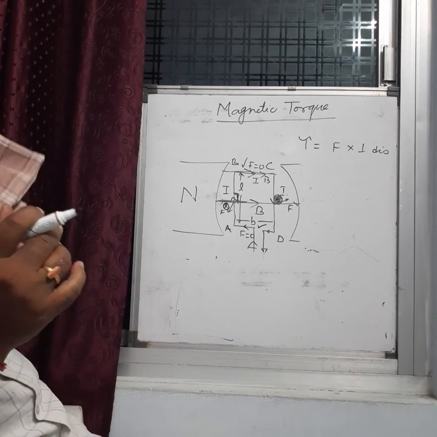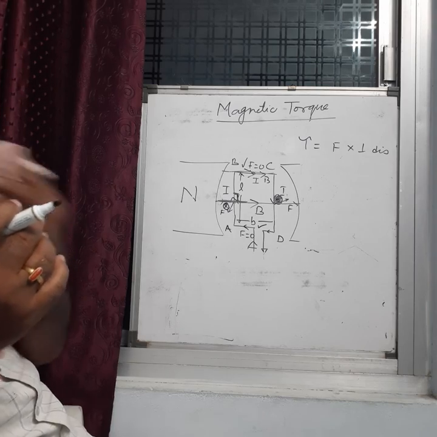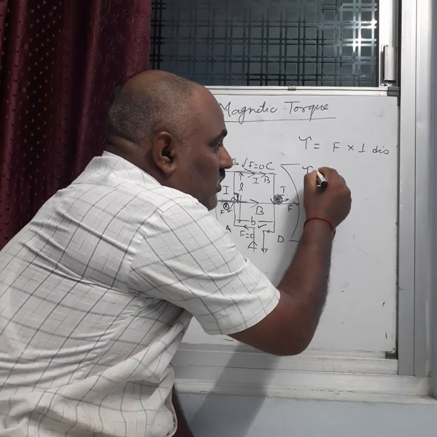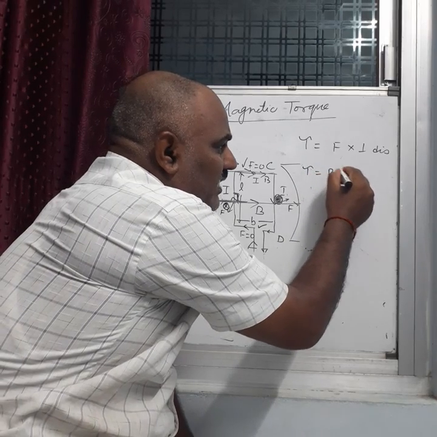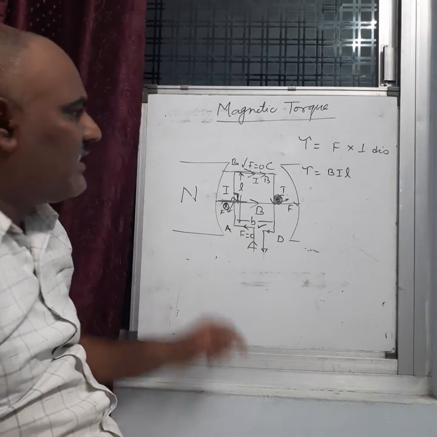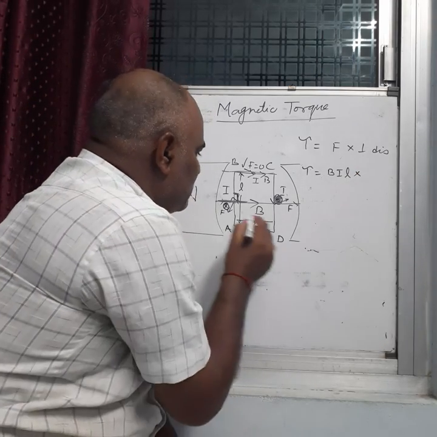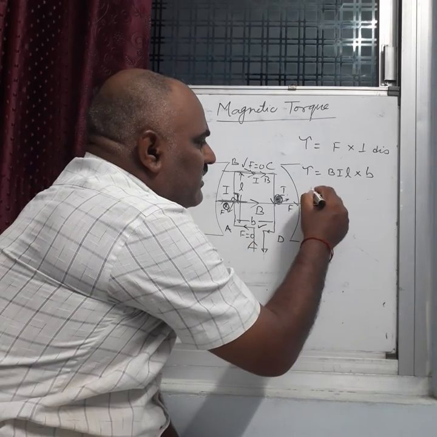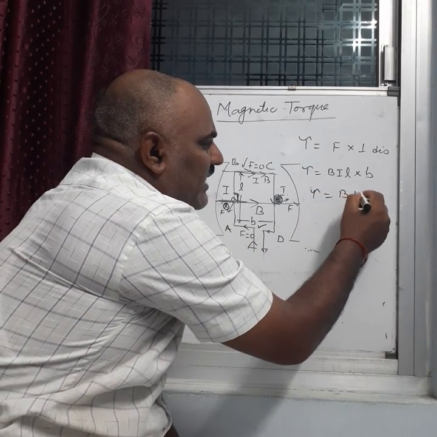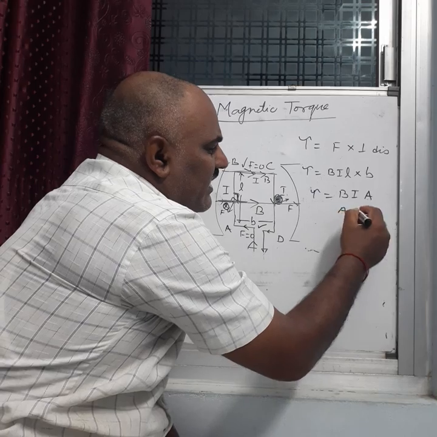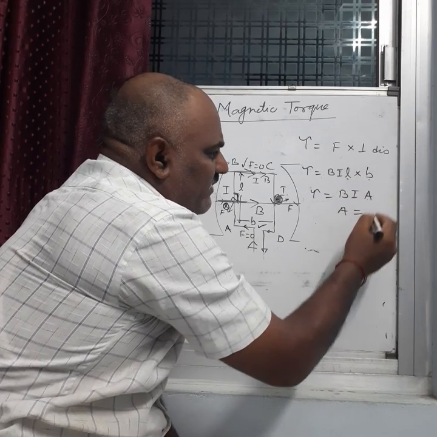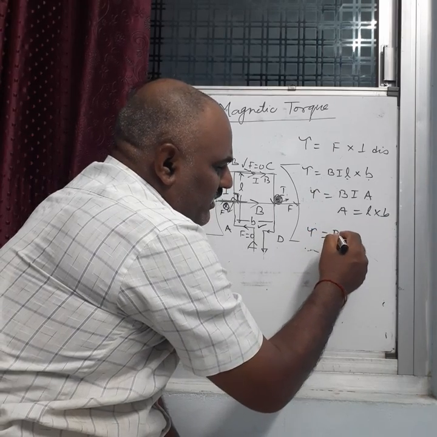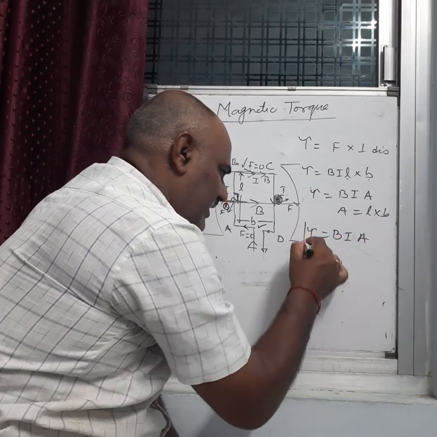The torque in any coil will be equal to force into the perpendicular distance between the forces. So torque equals BIL, the value of force, into b, the perpendicular distance between the forces. Small b means breadth. Then tau equals BILb. What is L? Length. What is b? Breadth. What is A? Area. So tau equals BIA. This is the value of the torque.